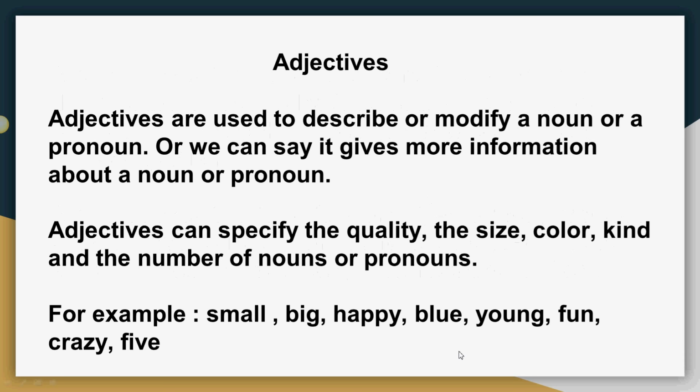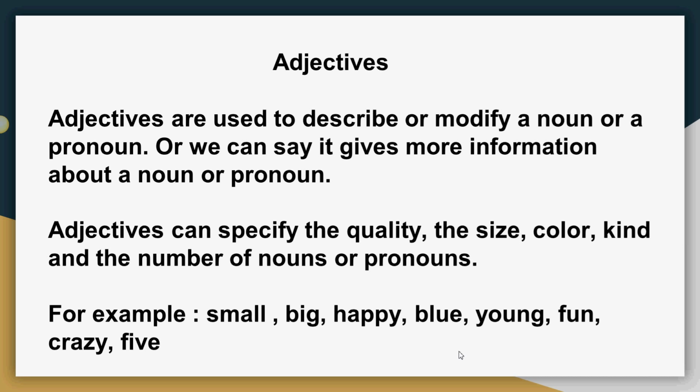Next part of speech is adjective. Adjectives are used to describe or modify a noun or a pronoun. Or we can say it gives more information about a noun or pronoun. Right? So the word which gives us more information about a noun or pronoun, which describes a noun or pronoun, is known as an adjective.